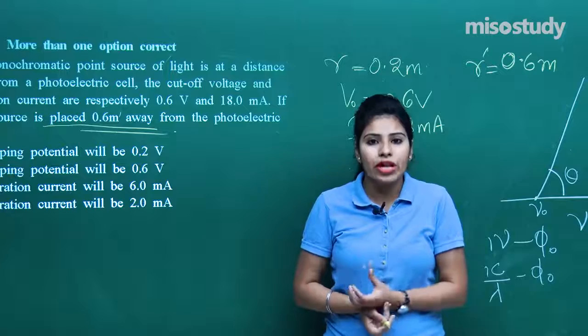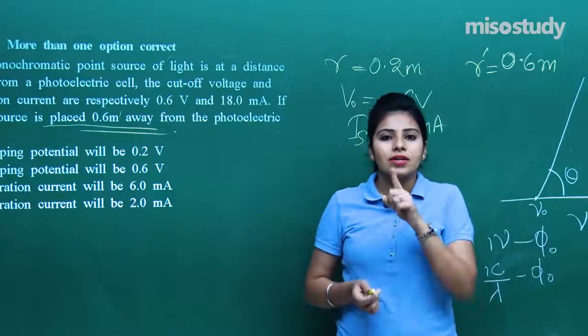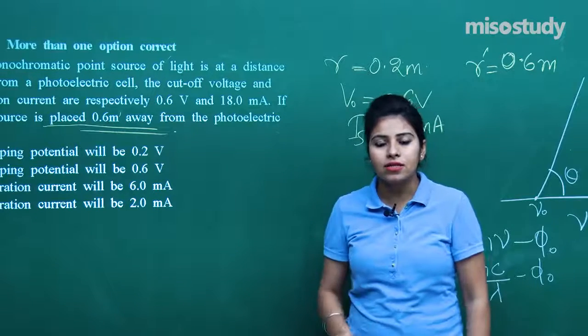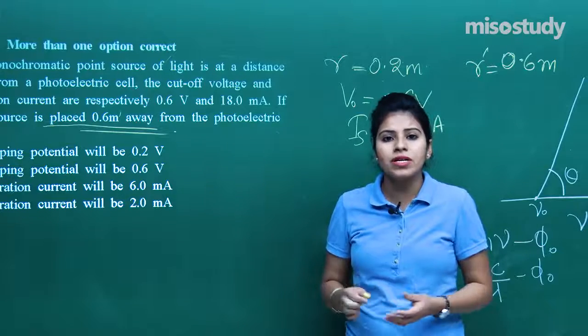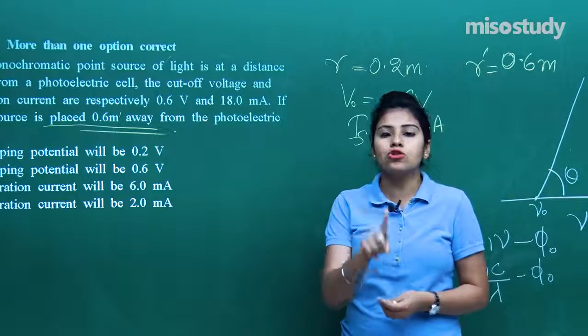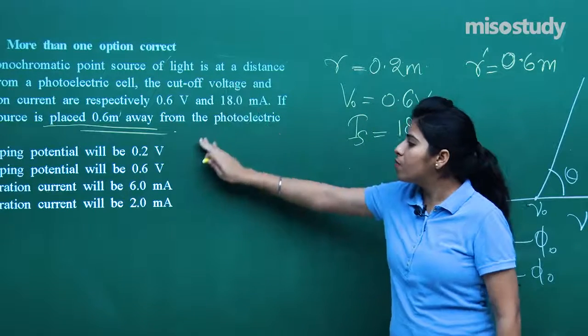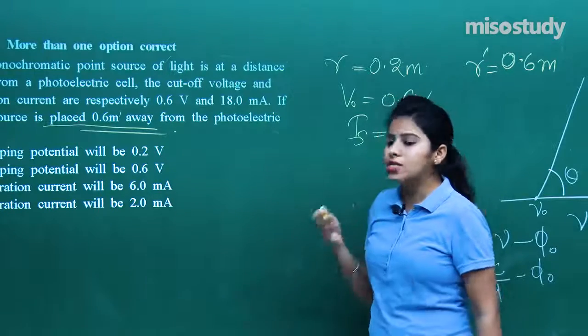This is the retarding potential. But for this case, we can say that stopping potential is independent of the distance. So whatever will be the distance, your stopping potential would remain the same.